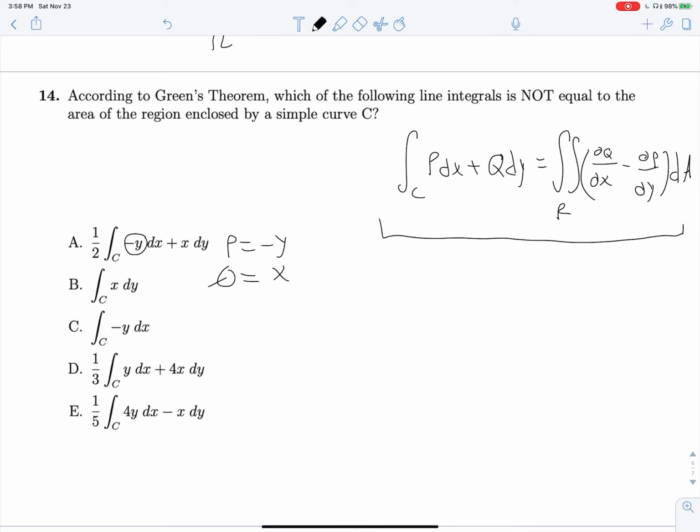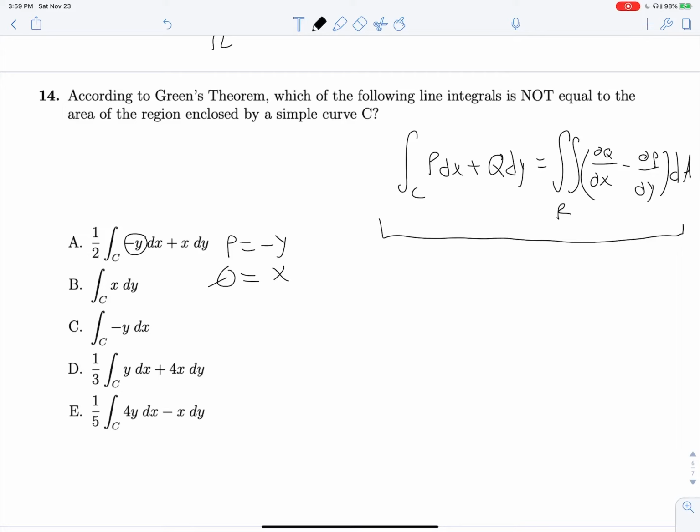What we're looking for in all of these answer choices is for the integrand and the coefficient outside, multiplied together, to give 1 as a final answer.